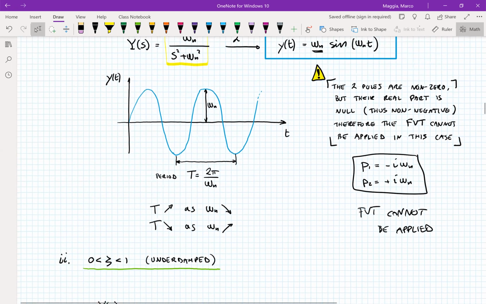Just before moving on to the underdamped case, for a real life example, just imagine a pendulum. If you move a pendulum from its vertical equilibrium, and if you were to neglect all the air drag and viscous friction forces at the pivot point, then this pendulum would just oscillate forever between, let's say, minus alpha and plus alpha.